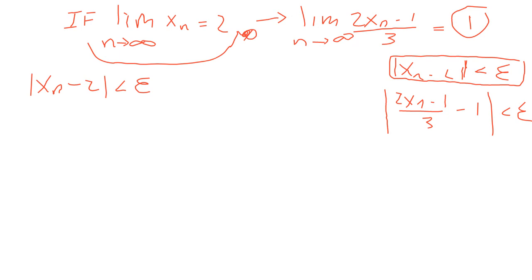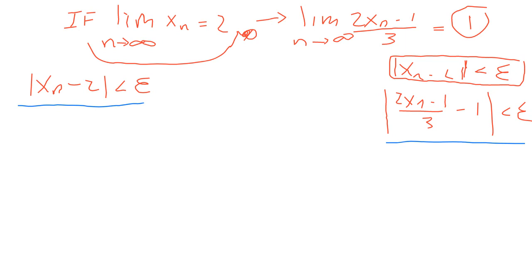Let's say that again. We want to use the thing on the left that we know to be true to make the thing on the right side true. That is proving the limit.